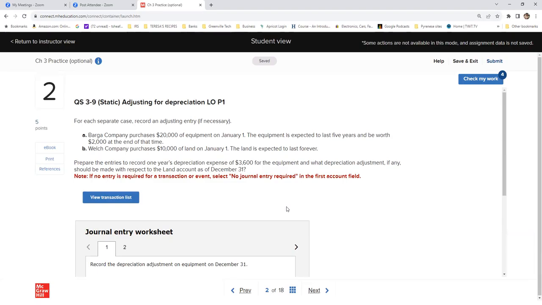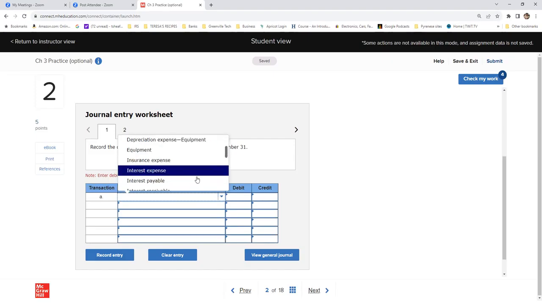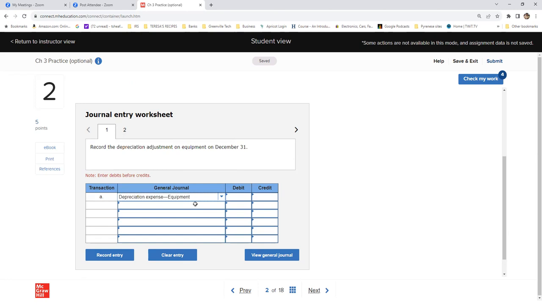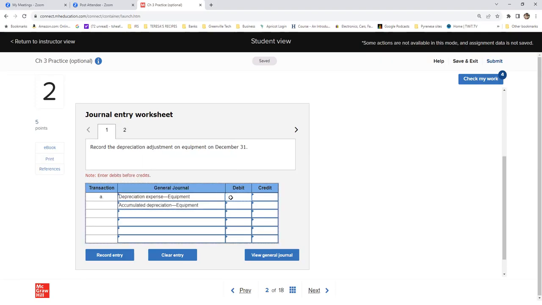Okay. And so that's going to be our adjusting entry. So we're going to have a debit of depreciation expense, equipment. And we're going to have a credit of accumulated depreciation, equipment. And both will be $3,600.